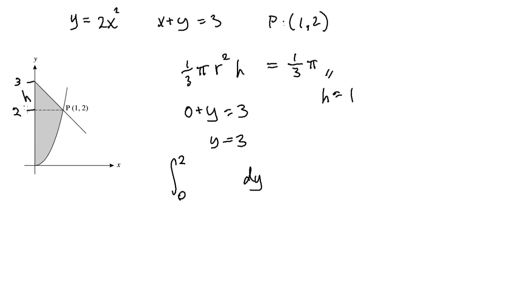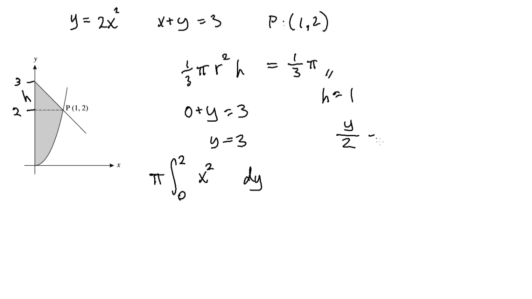So the max is 2, the min is 0. And this is pi x squared dy. Pi is just a number, so you can pull that out. X squared is conveniently given as y over 2.